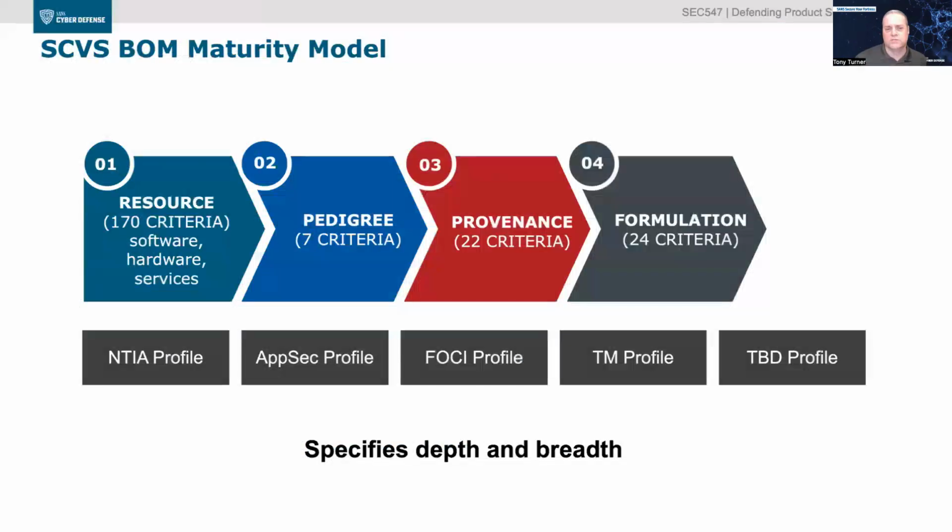All right. So let's talk a little bit about some other quality criteria that we might want to see in this process. The software component verification standard, which is a project from OWASP, from the same fine folks behind CycloneDX, Dependency Track, Package URL, and a bunch of other great supply chain and software assurance related projects at OWASP, have come up with this BOM maturity model that describes essentially a taxonomy for what should go into an SBOM, right?